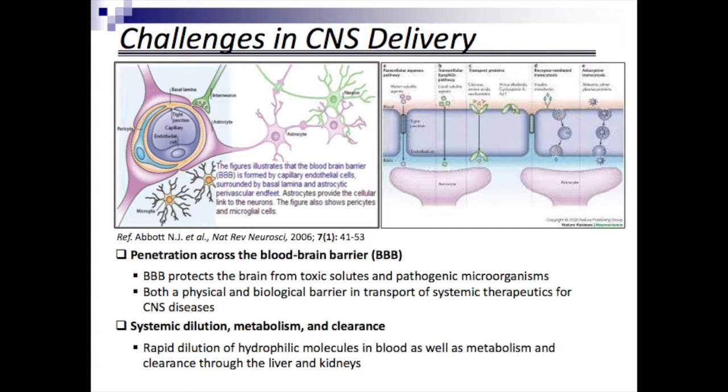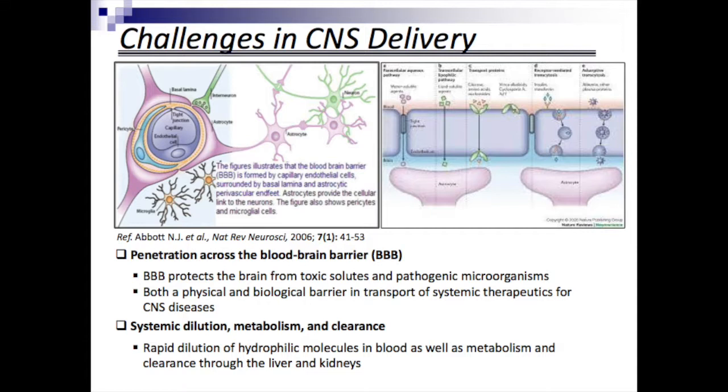The biological barrier comes from having these molecules on the cell surface. Some of these are transporters that take the drug from inside the cell and push it outside. These are called efflux transporters, and one common example of this is a molecule called P-glycoprotein, or PGP.